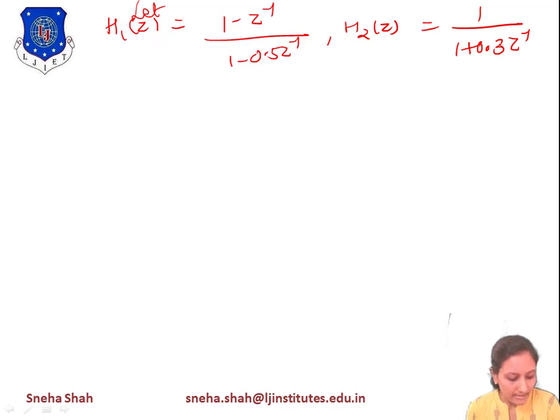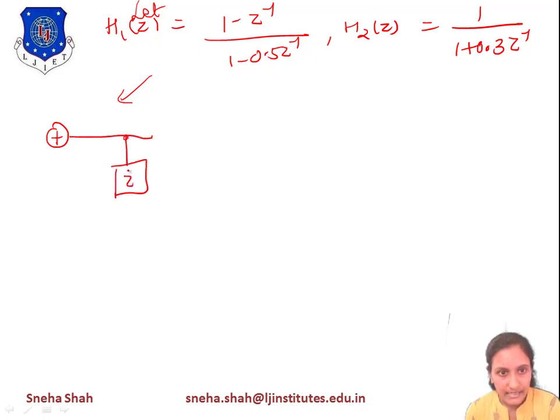Now, using the direct form 2 structure, H1 of z is represented like this. The output is y of n, the intermediate term is w of n, and the input is x of n.